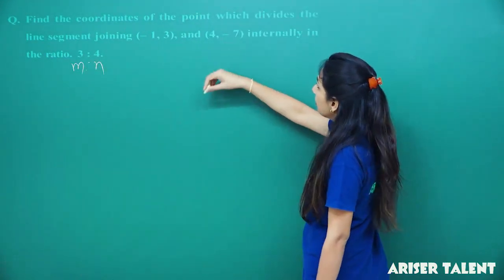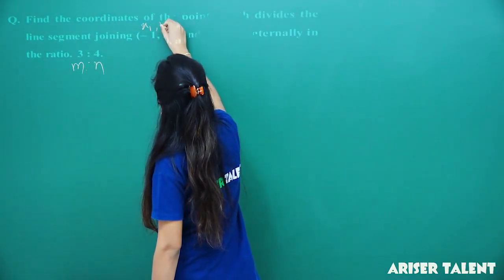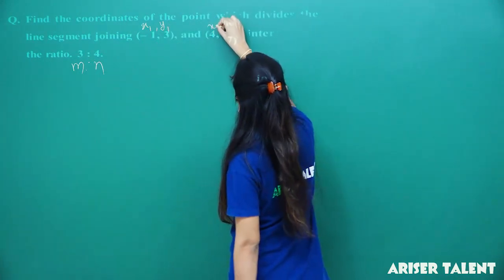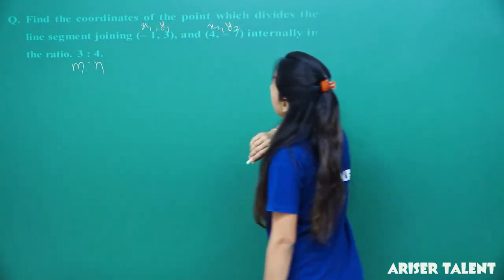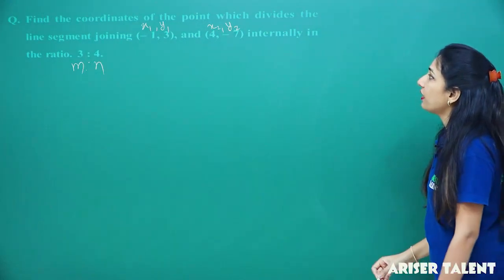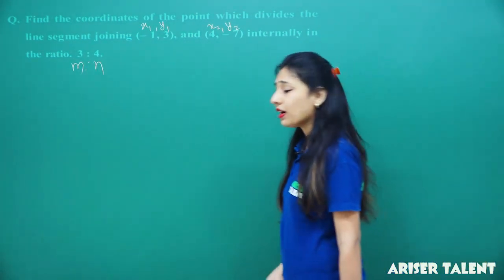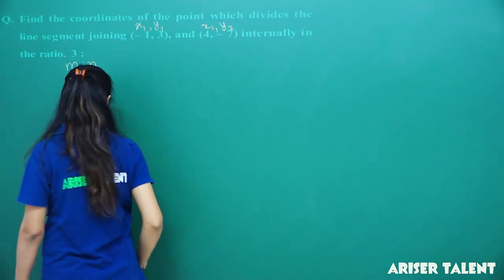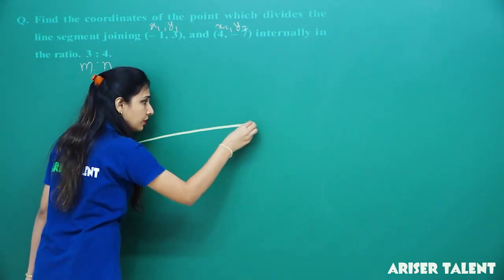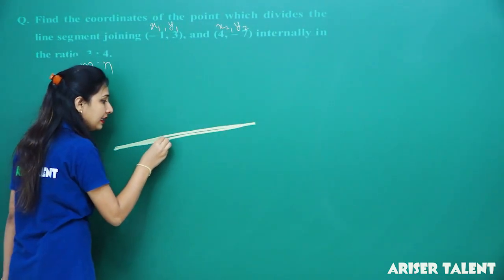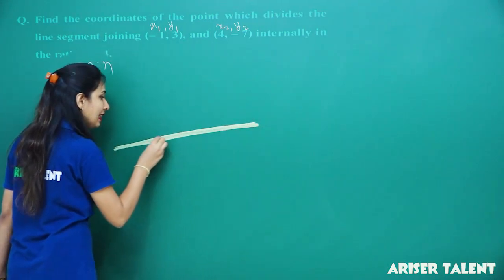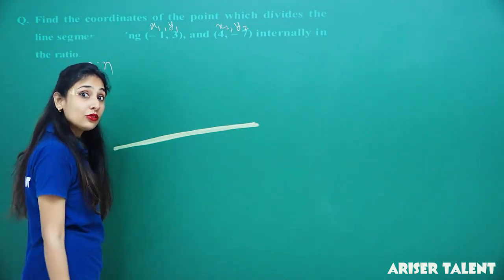And if you talk about these two points, that is x1, y1 and that's your x2, y2, right? So basically, you simply have a line here. Why a line? Because you have two points, right students?